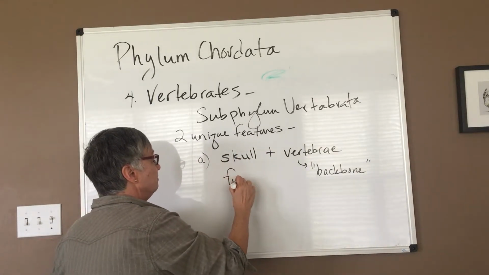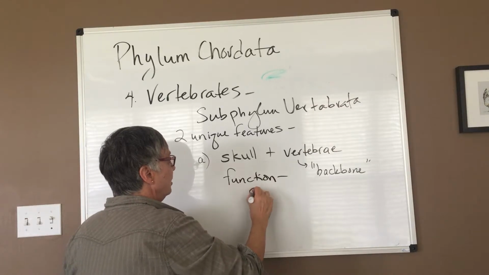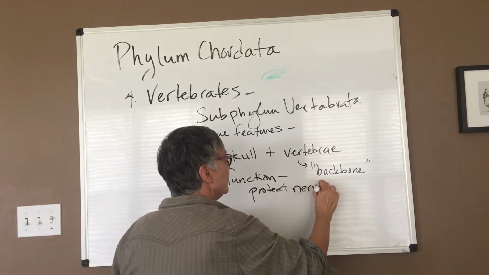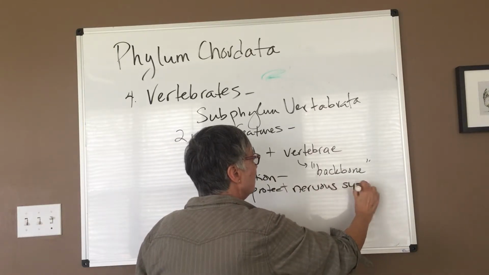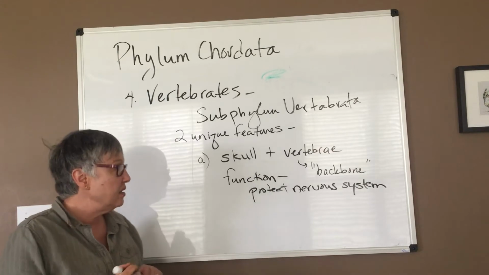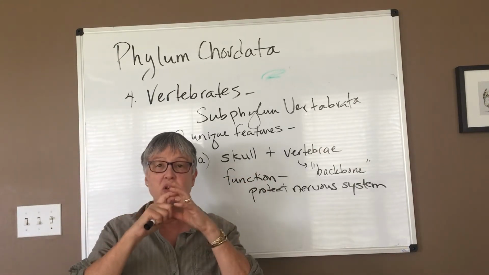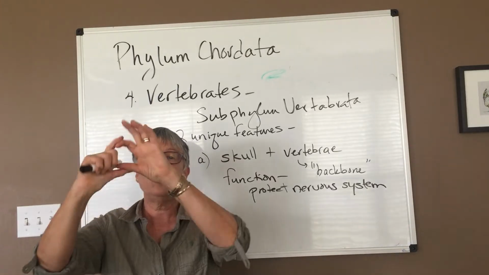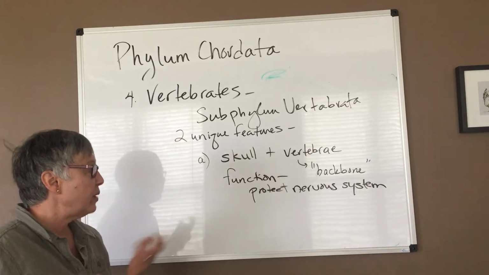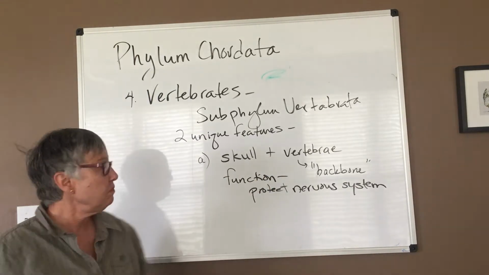The function of both of these structures is to protect the nervous system. So the skull is going to protect the brain. The vertebrae form ring-like structures, form a chain all the way up and down the spinal column, or spinal cord. So they're also there for protection.